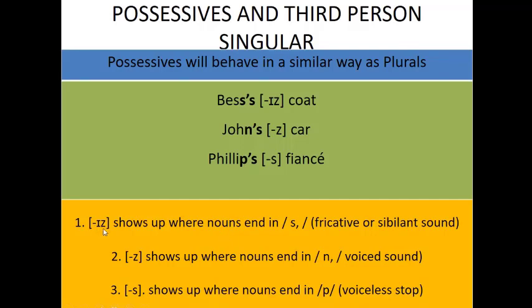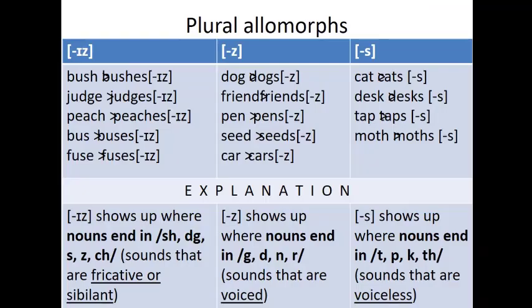For instance, iz shows up where the noun ends in s or z or a fricative. All right. Now, z shows up if the noun ends in what? A voiced sound. And it might not be just the voiced n. It could also be the voiced ge or de. Let's take David.